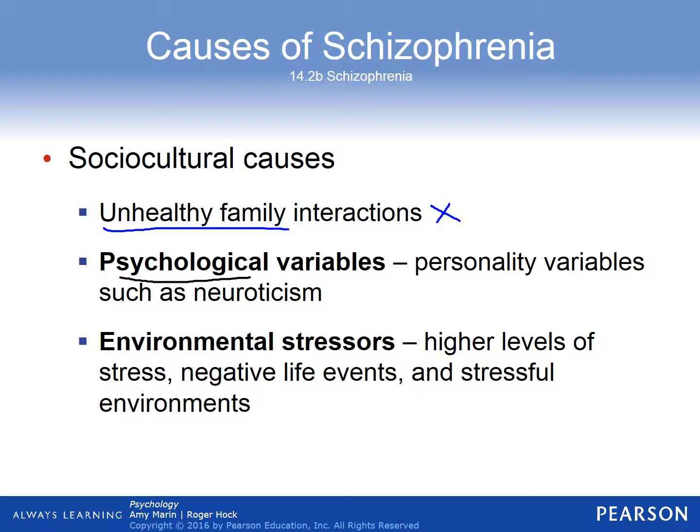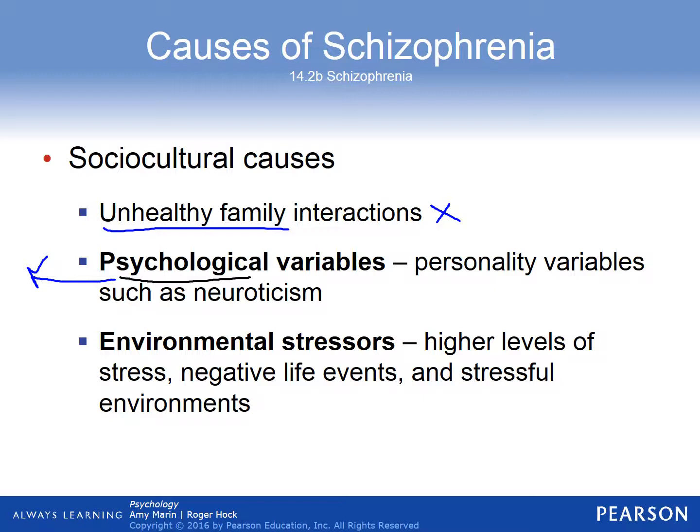But normal everyday family dynamics is not to cause. Psychological variables, personality variables such as neuroticism, that should be in a separate one, not under sociocultural, but so certain people with a certain psychological makeup tend to be more prone to schizophrenia.